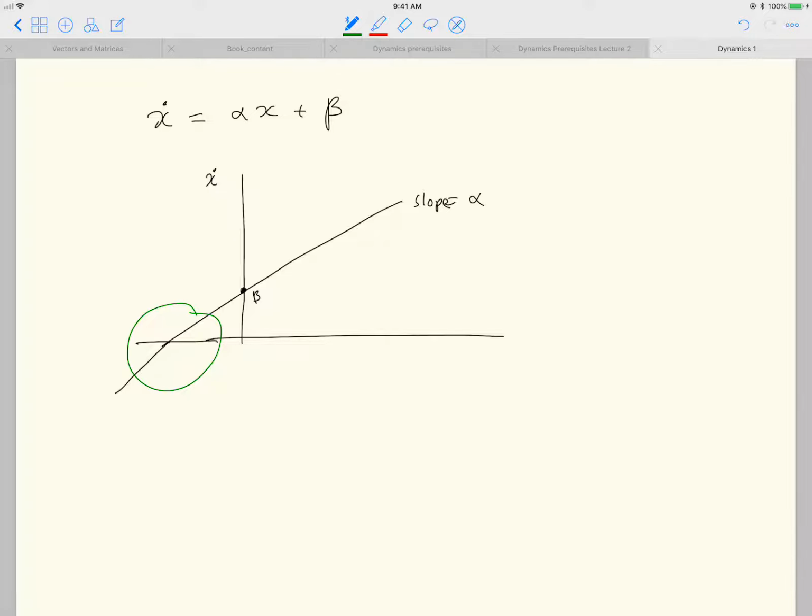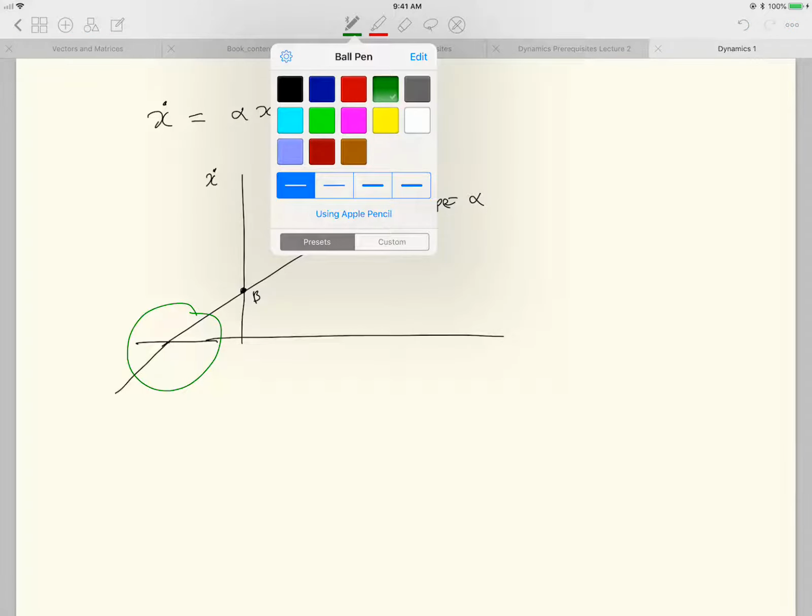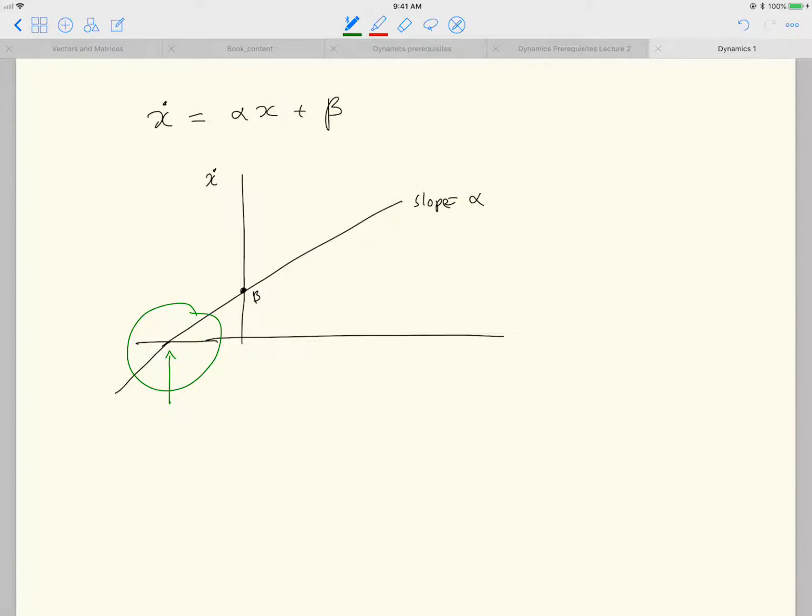So when x has this value, when x is right here, that's when dx by dt is going to be 0. Right? So this line, what I plotted here is dx by dt. When that crosses 0, that's the fixed point, because that's the value of x at which dx by dt is 0. When dx by dt is 0, you're not moving. Right? So this is the fixed point.